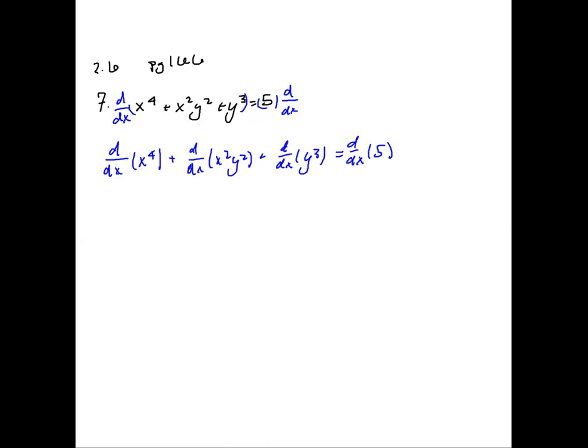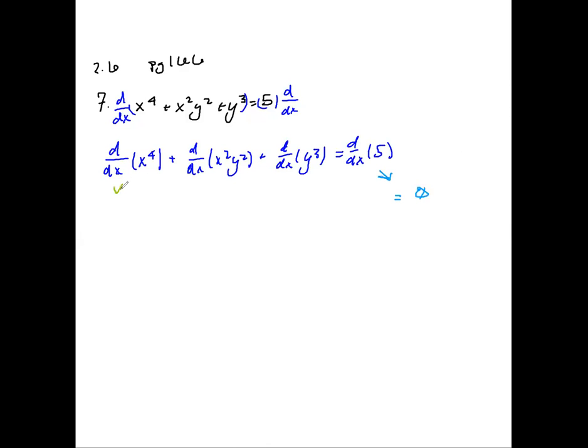And some of these are going to be easier to do than others. This one, for instance, is going to be equal to 0 because there is no x. So we know that if we take the derivative of a constant, we're going to end up with 0.